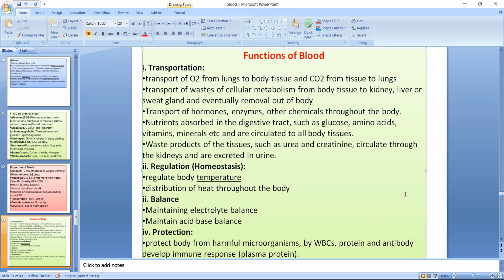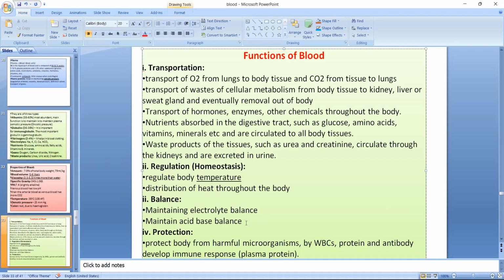Every cell undergoes oxidative phosphorylation that generates heat. So throughout the body, the temperature is balanced equally by the blood. That is important. So distribution of heat throughout the body, and maintenance of electrolyte balance.